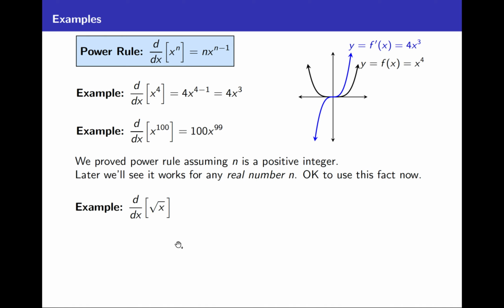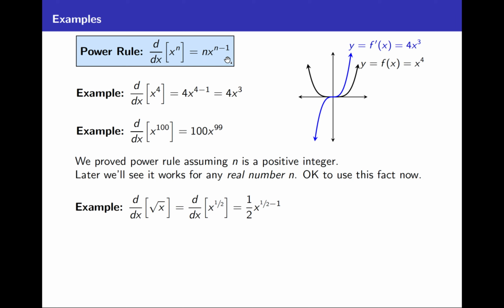So for example, if you have the derivative of the square root of x, that's the derivative of a power, x to the power of 1/2. The power rule says that your derivative is going to be 1/2 times x to the power of 1/2 minus 1.